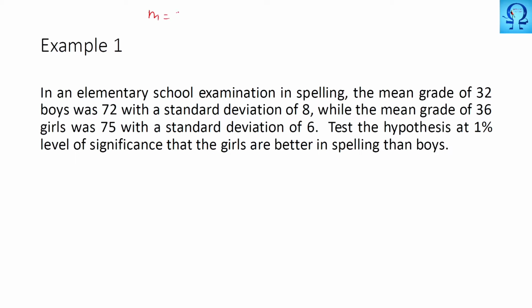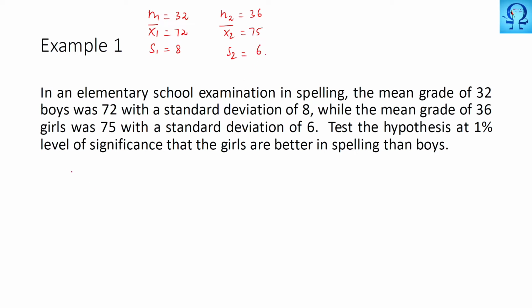Here n1 is 32 boys, isn't it? And for them the mean is 72 and standard deviation s1 is 8. Similarly n2 is 36, x2 bar is 75 and s2 is 6.